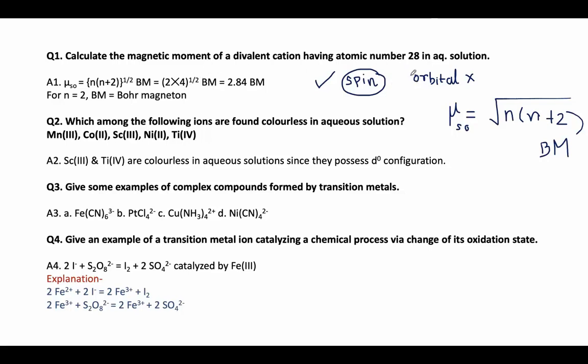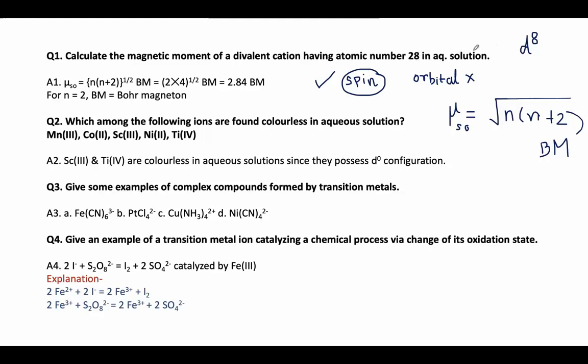Now you see, when the atomic number is 28, we will have the 4s2 3d8 configuration. So 28 will actually count for d8, because up until 20 it is calcium, and after calcium we are having 8 electrons.